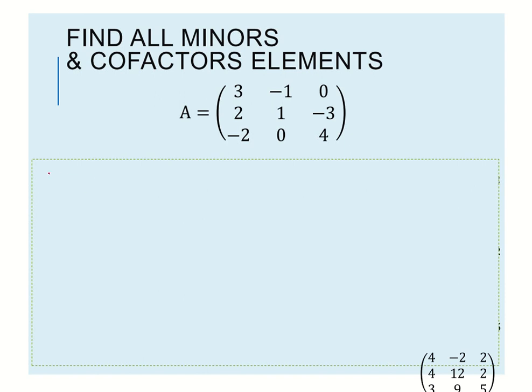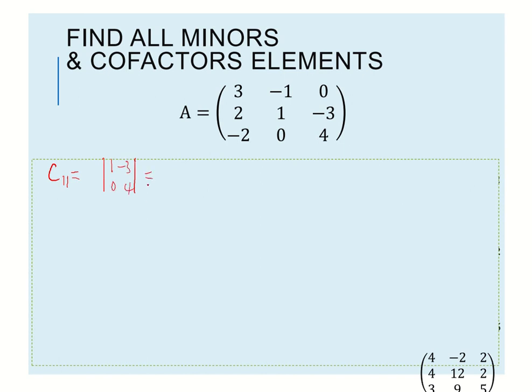Now we are going to start with the cofactor. I'm going to combine all the signs together with the minors. So this is what we do. First, we find the small matrix. We delete the first row, first column. So we have 1, negative 3, 0, 4.